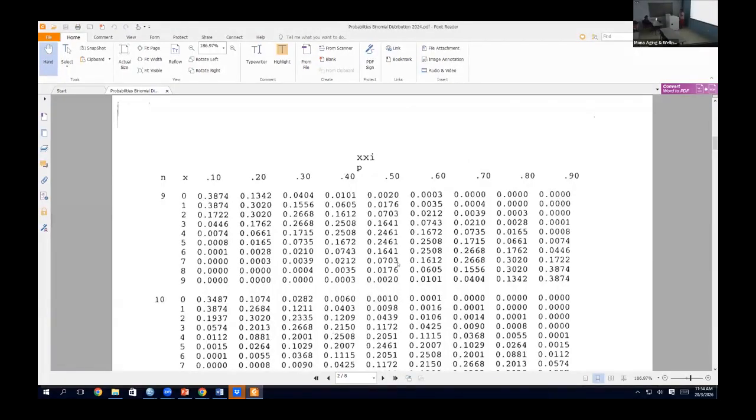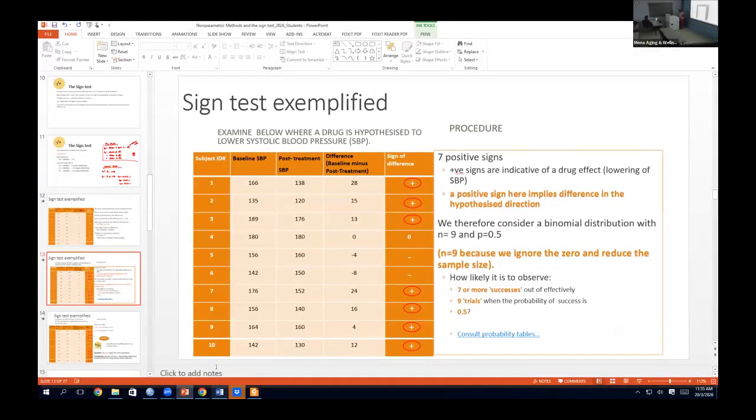So that means we're going to look at the probability of getting 7 plus the probability of getting 8 plus the probability of 9 successes. So that's where we got those numbers from. So this is the probability of 7, 0.0703, plus the probability of 8, 0.0176, plus the probability of 9, 0.0020. So let's go back.